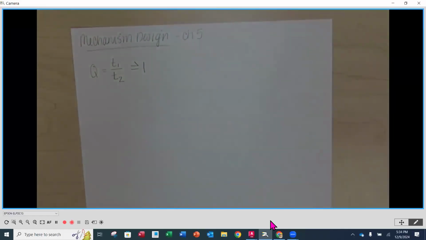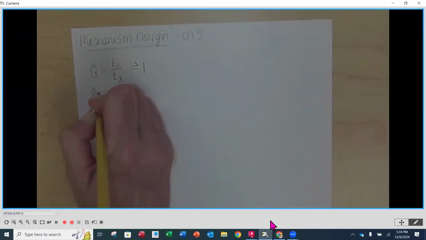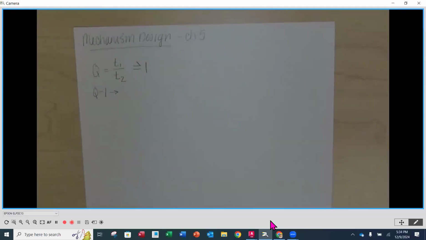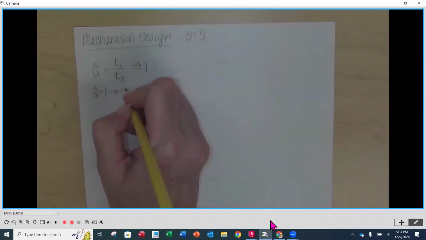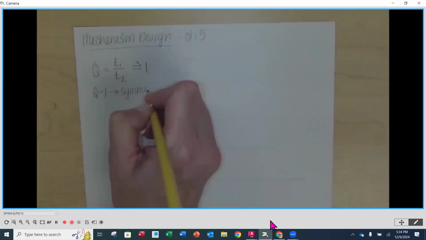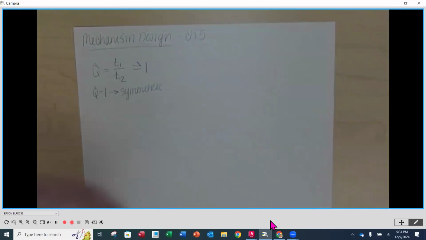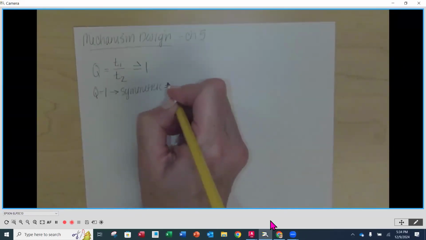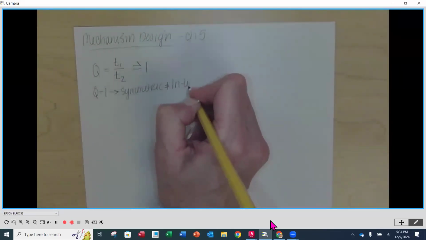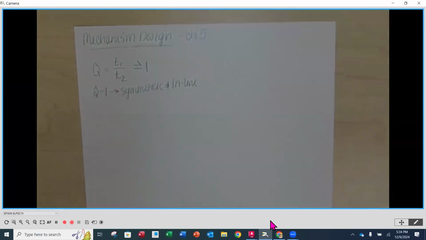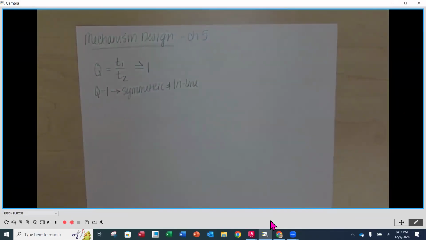Okay. Now, when Q is equal to 1, that's going to be symmetric motion. Okay. And inline, I'm just going to put inline, like an inline slider crank. Okay.